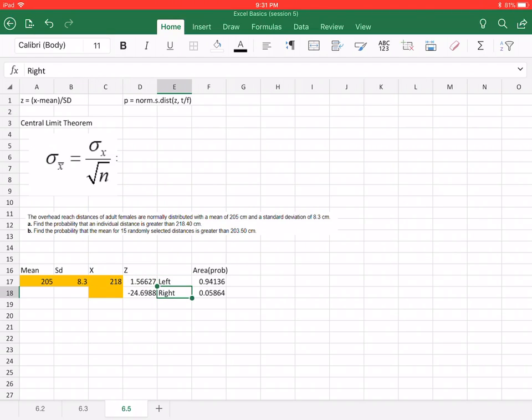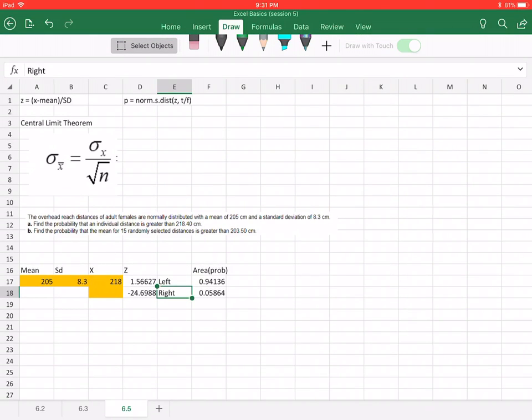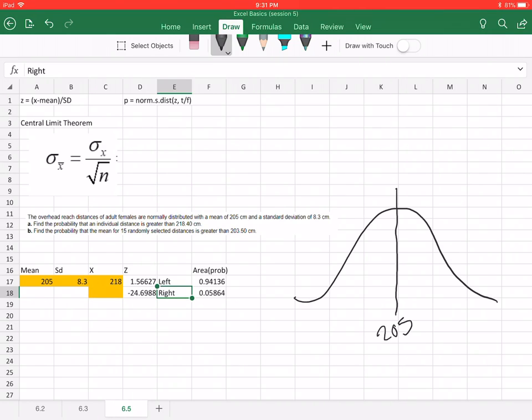And we want it to the right, so we're going to use the right probability. We're using the right because if we look at our bell curve and we have our mean here, so we have 205 here, and our x is going to be above that because it's 218, so 218 is greater than 205, so our x is going to be someplace over here, so we'll do that, 218.